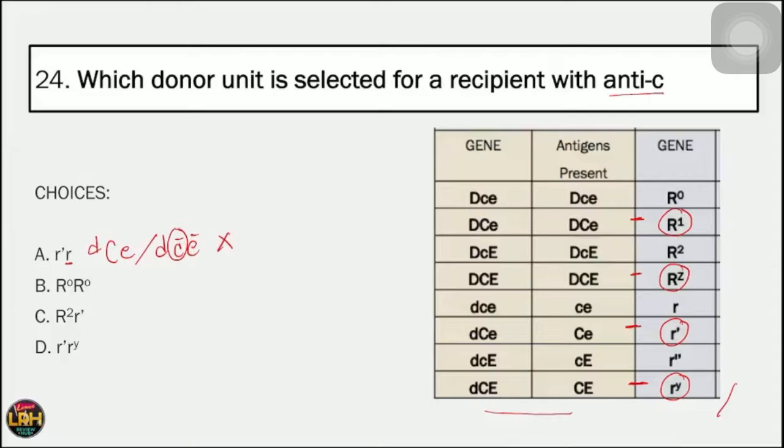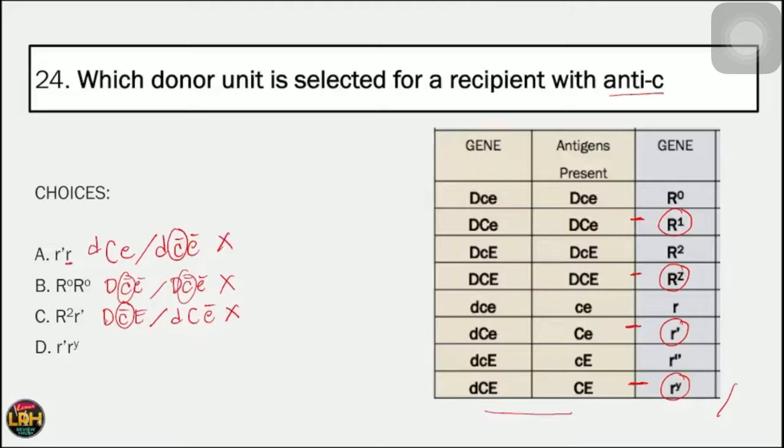So tanggal na siya agad. Okay? Letter B. R0, R0, which codes for DCE. Again, meron siyang C antigen, so hindi siya possible answer. R2, which is D, small c, big E. And we have the small d, big C, and small e. Here, we can see C antigen. So, this is not a possible answer.